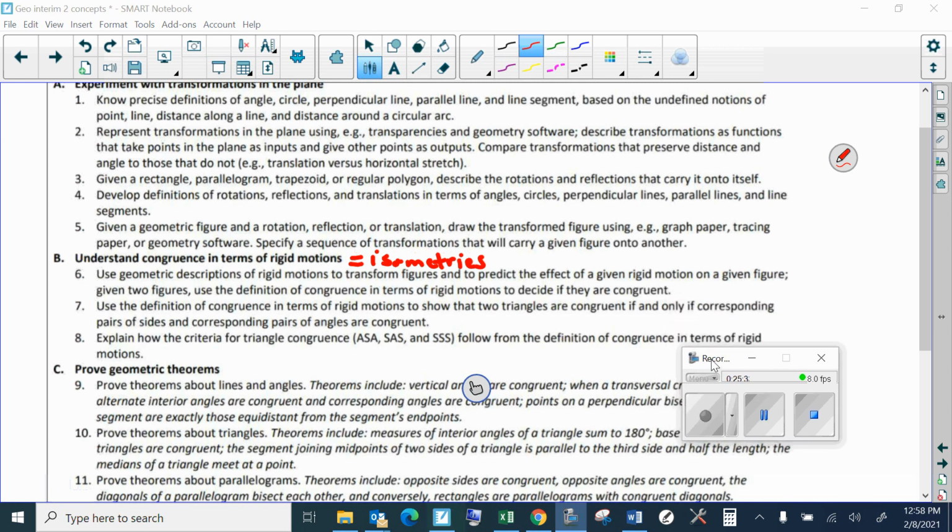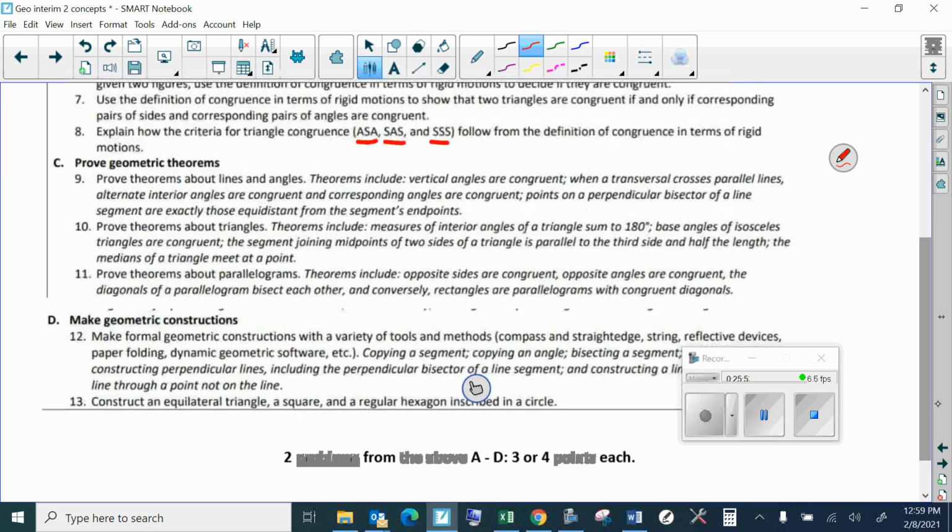If and only if corresponding pairs of sides and angles are congruent. Explain how the criteria for ASA, SAS, and SSS follow from the definition of congruence, because all the corresponding angles and sides are congruent, and I can get from the pre-image to the image by a combination of rigid motions.